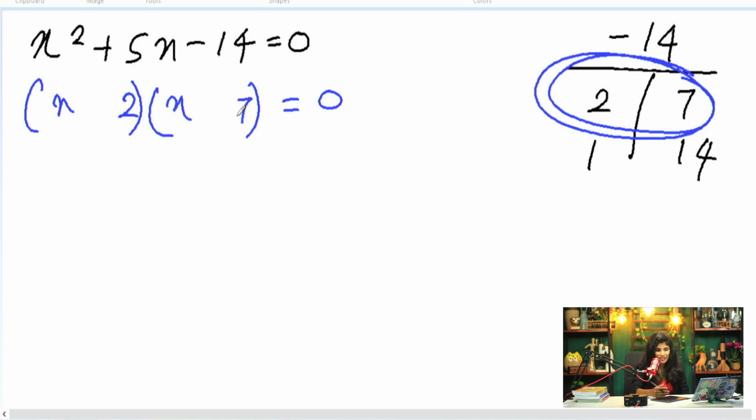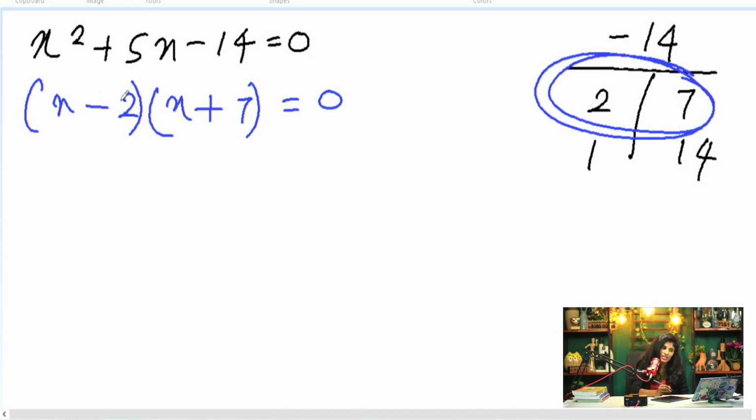Now I am making the question more short and sweet. Okay. So as we found the numbers 2 and 7, I just wrote 2 and 7. Now what I want to do is find the negative and positive signs. Okay. One must be positive and the other one must be negative. So to make positive 5, the larger number must be positive.